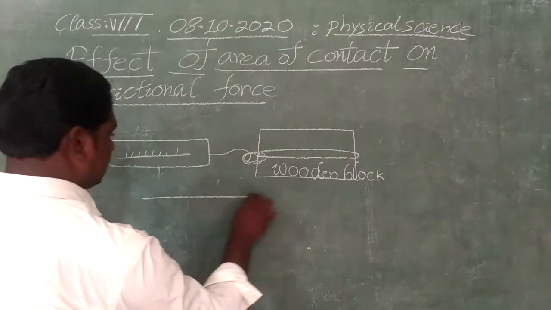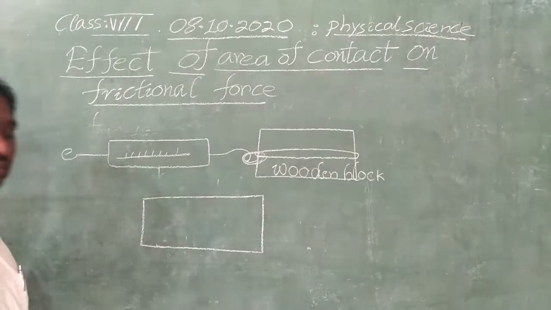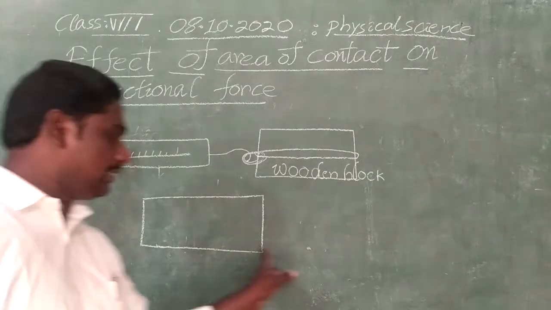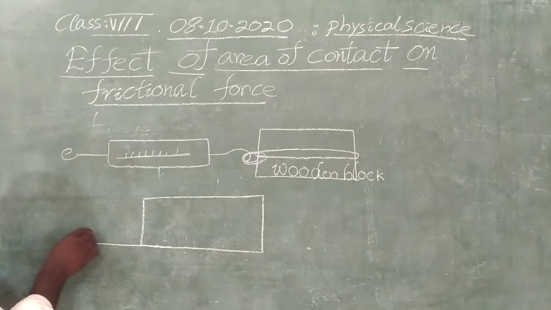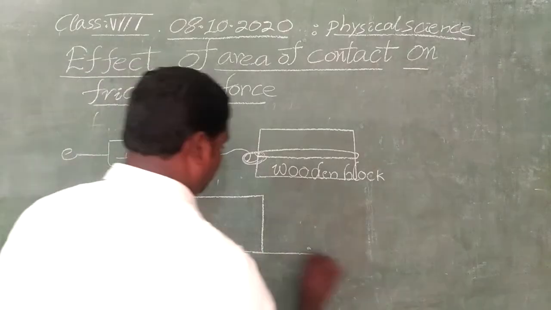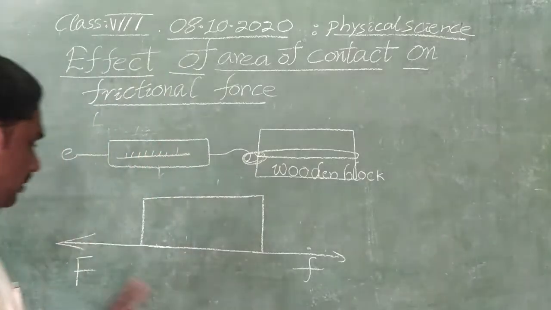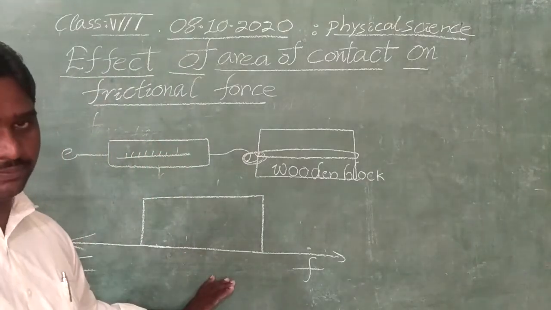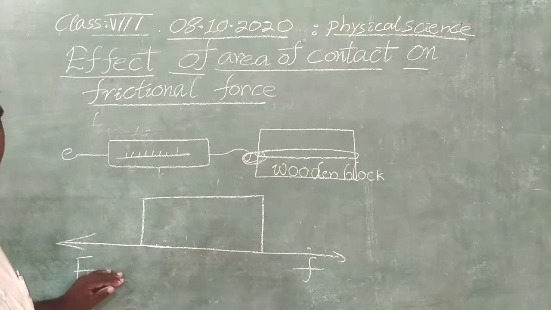The first one is F, the applied force. The next one is small f, the frictional force. These two forces are opposite and equal in magnitude.